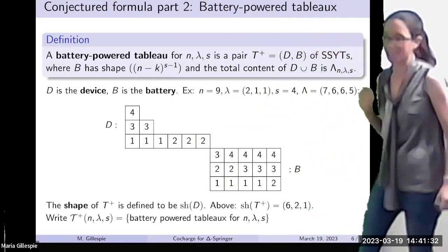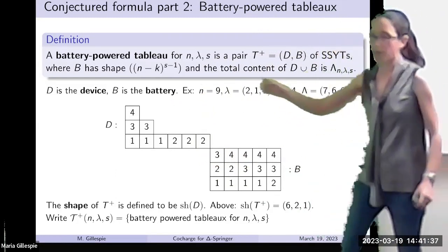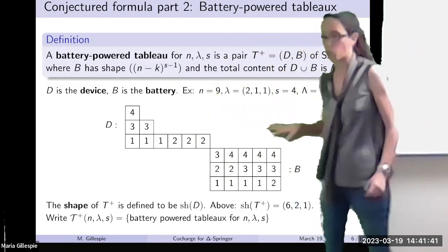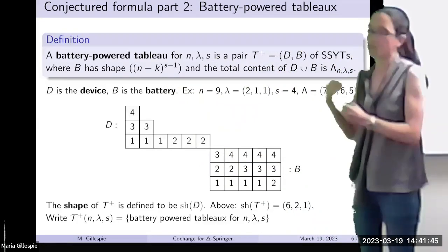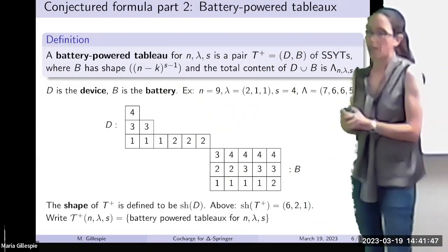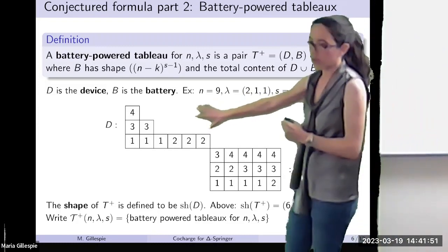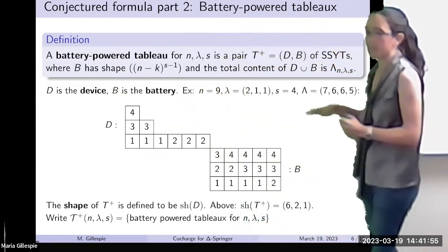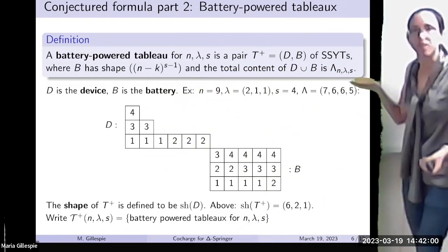It is always rectangular. So B is a shape n minus k to the s minus 1 rectangle. So it's just one height less than that rectangle we added to form the partition content in the previous slide. And then D is anything, and the only thing we require is that this whole thing, D plus B together, the content of that total tableau is this capital lambda that we formed.